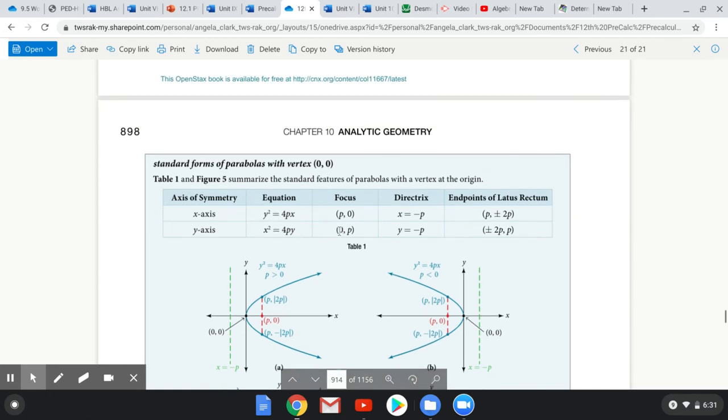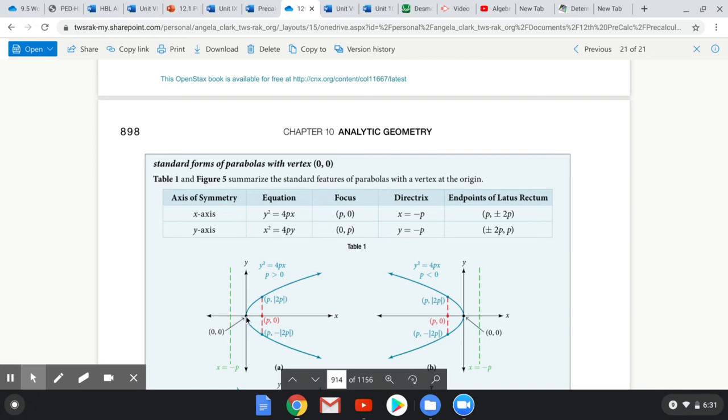you've been seeing this P popping up. It's in the equation. P is the distance from the vertex to the focus, okay? So then the opposite direction of that is going to be the distance from the focus to the directrix, right?